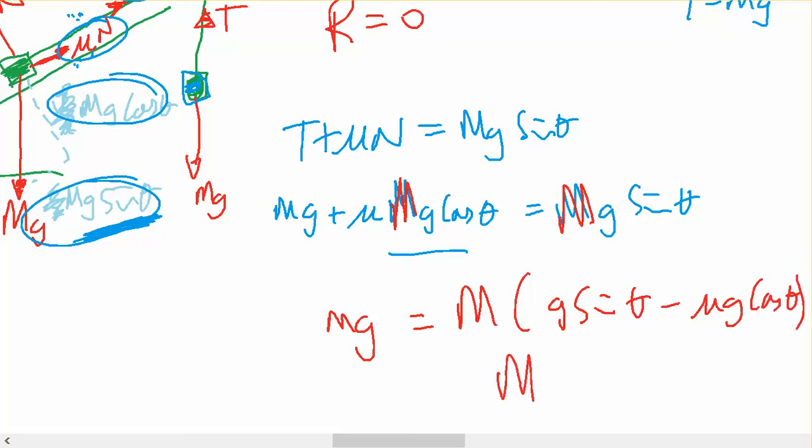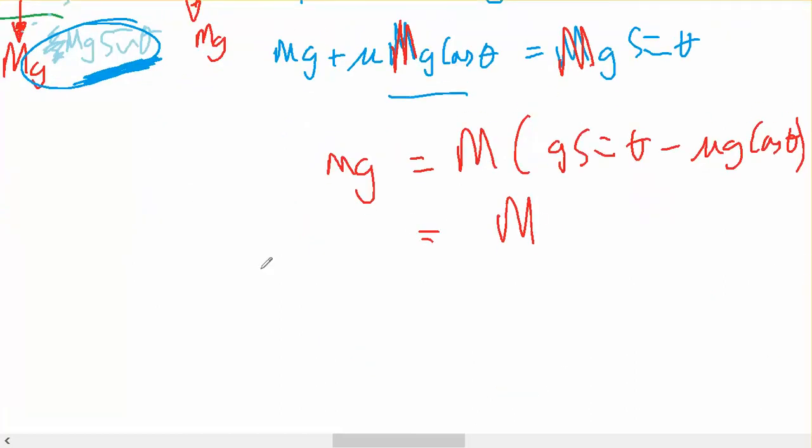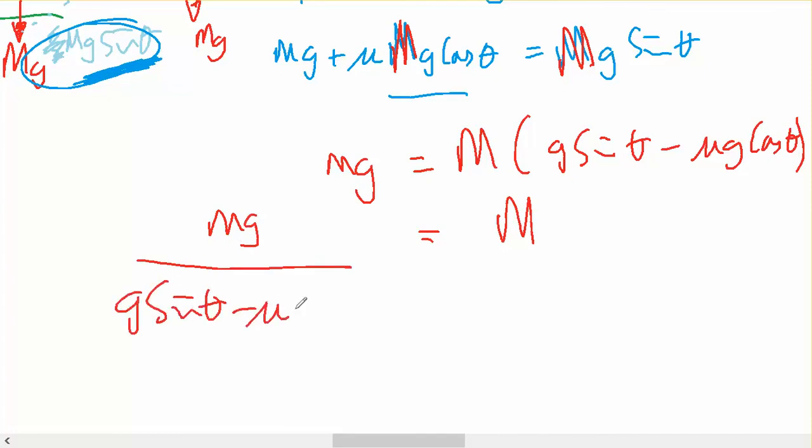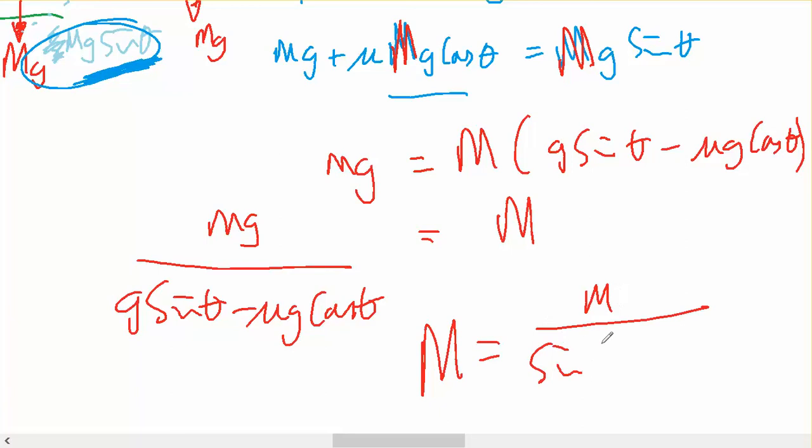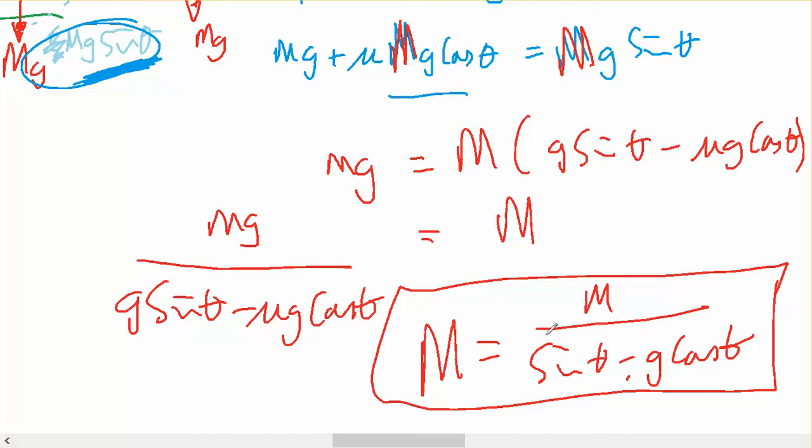Therefore, capital M will equal mg on top of g sine of theta minus mu g cos of theta. And I can see a g that will cancel. Therefore, capital M equals small m over sine of theta minus mu cos of theta. And that's going to be my expression for capital M in terms of theta, small m, and mu.